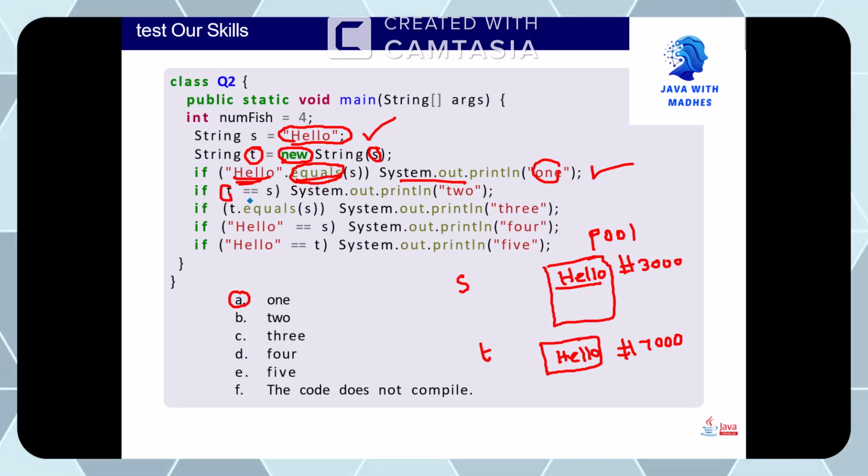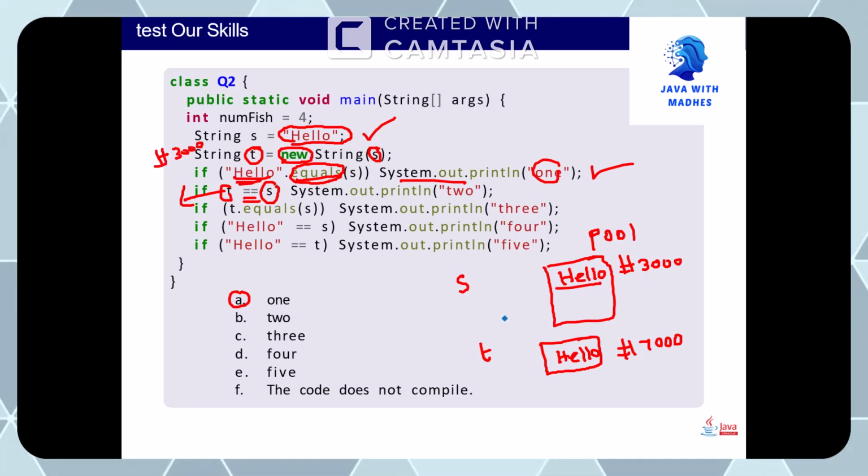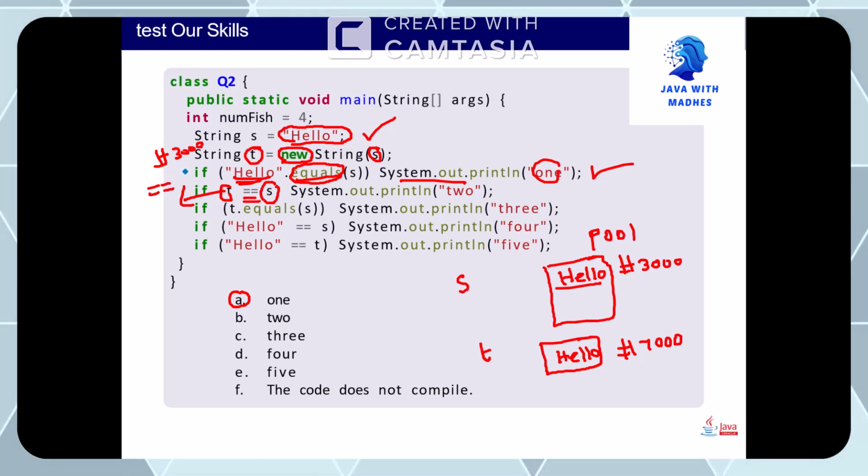Next line. t == s, right? Whenever you apply the == operator between two objects, it always compares the memory address. So in this line we are comparing 3000, the memory location of s, with the memory location of t, 7000.